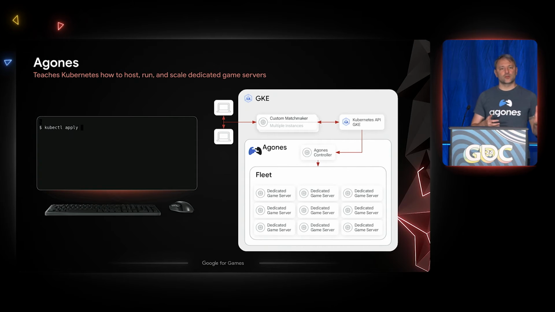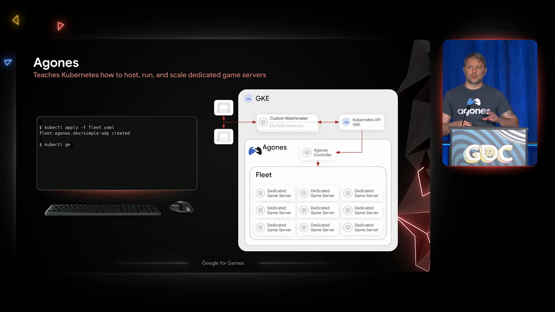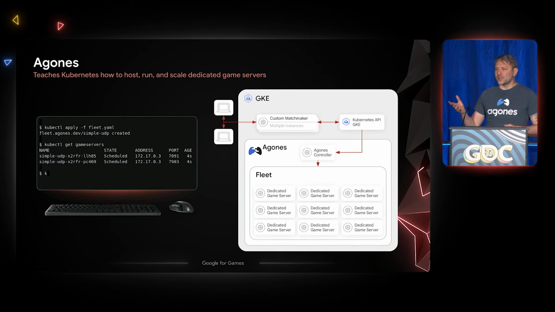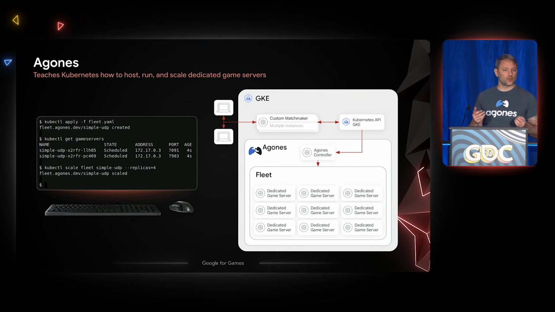So GKE Standard is awesome, right? You have all the bells and whistles for VMs and machine types and all kinds of great stuff there. GKE Autopilot, which I want to say we ended up supporting in the last year or so, gives you the same benefits we were talking about before, which I think are really cool, in that you can choose a machine class, but you're only paying for the pods that you're running.